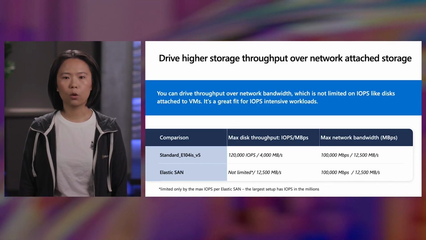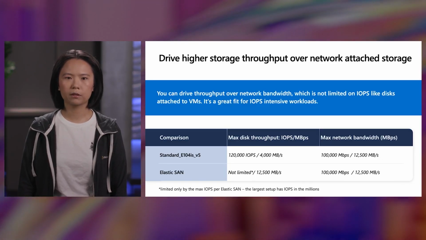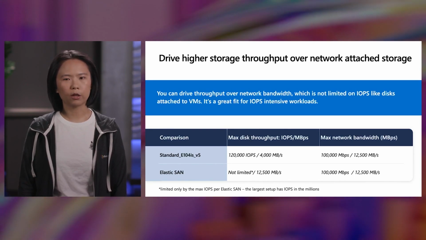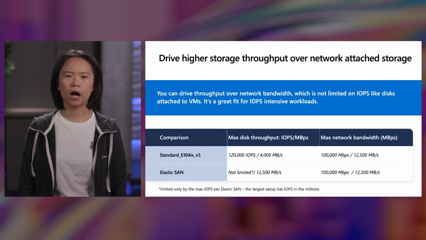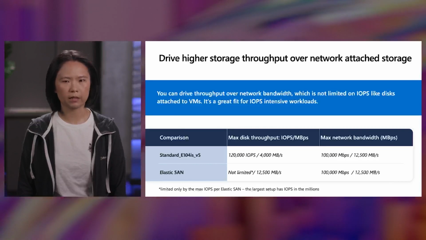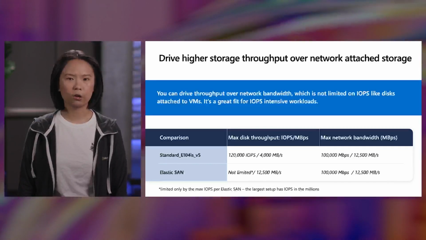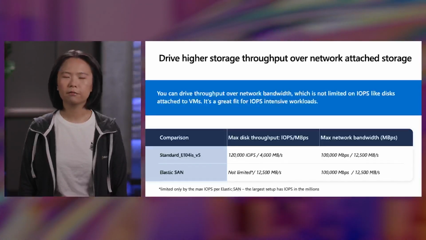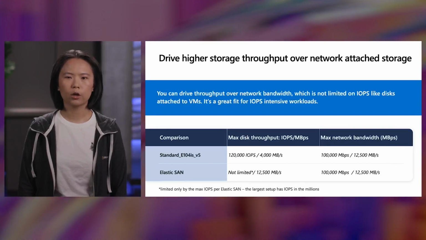With Azure Elastic SAN, you can drive throughput over VM network bandwidth, which is not limited on IOPS, and where your throughput can go as high as 100,000 megabits per second, giving you an additional 12,500 megabytes per second throughput over the wire.